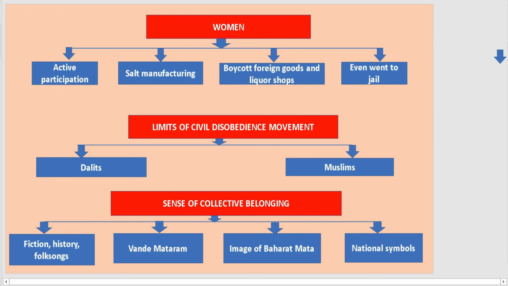Related to this, they may even ask you to locate Assam, different places related to the Satyagraha movement, and various Congress sessions. All the questions will come from this. I hope the whole concept is clear to you.